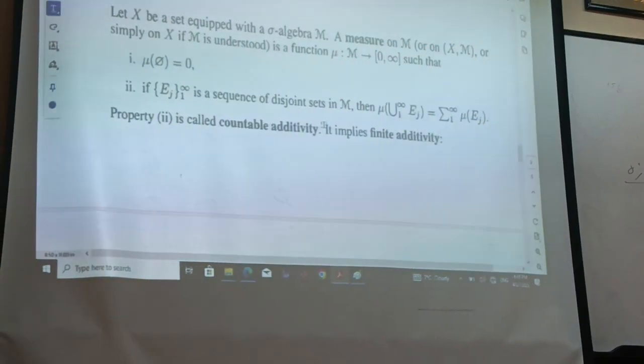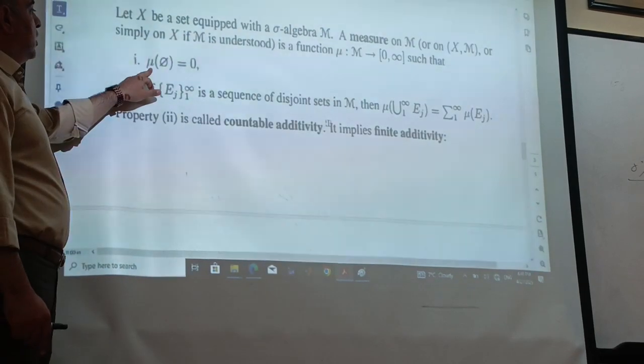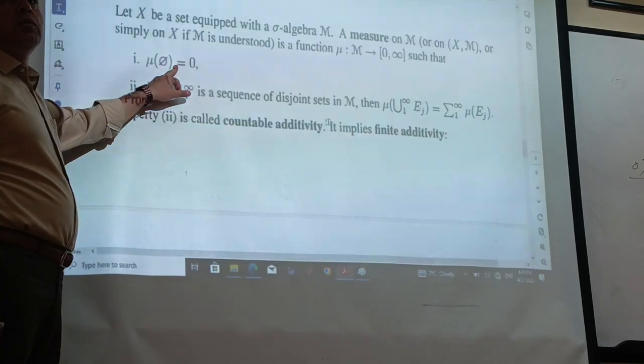A measure has two conditions. One, mu of phi is 0.